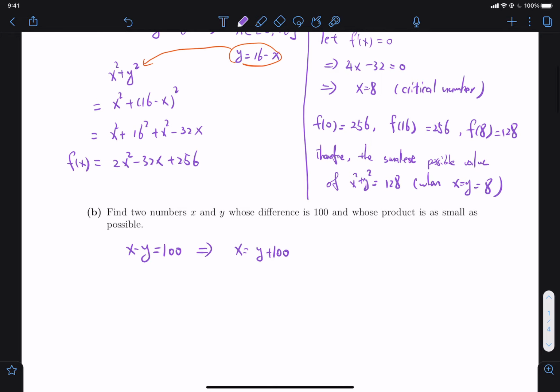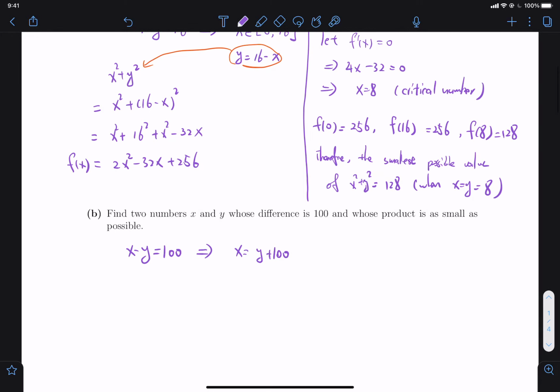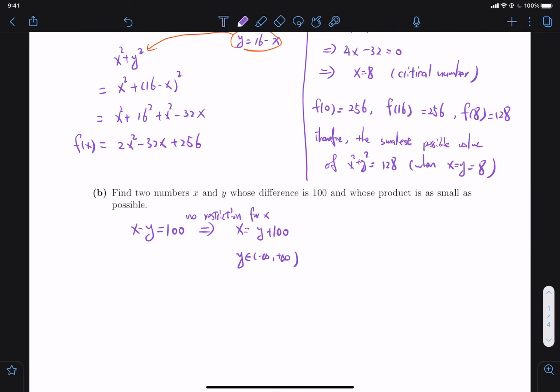And there's no restriction, so y ranges from negative infinity to positive infinity.